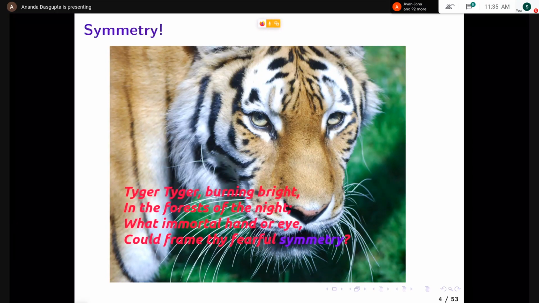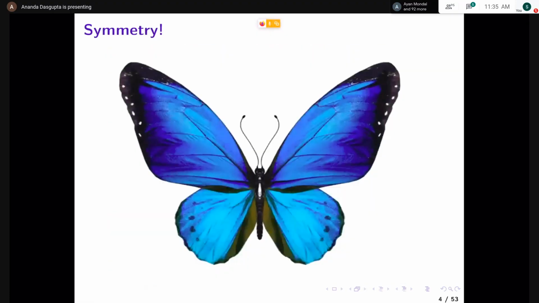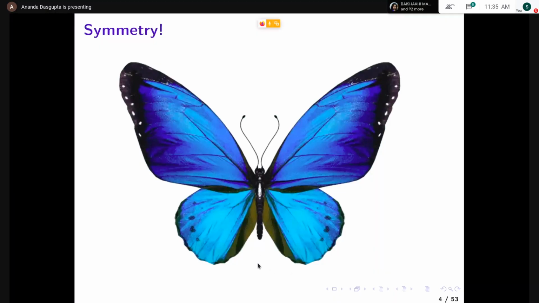Well, the same bilateral symmetry can be seen in a less fearsome object, the butterfly. Here, again, if you just drew a line right down the middle, you would see the left and the right parts almost perfectly match each other. So this is what we mean by bilateral or left-right symmetry.